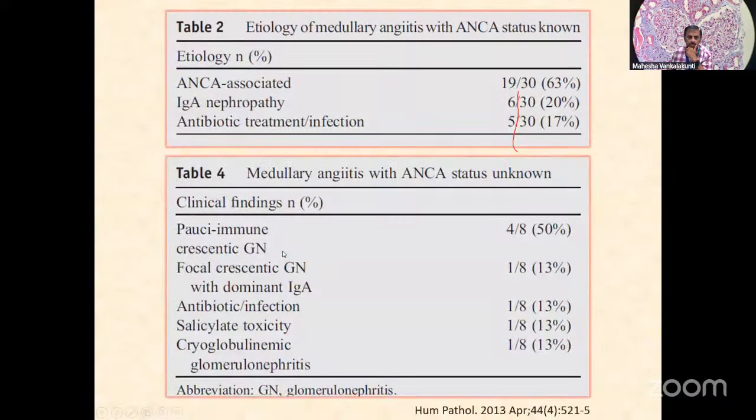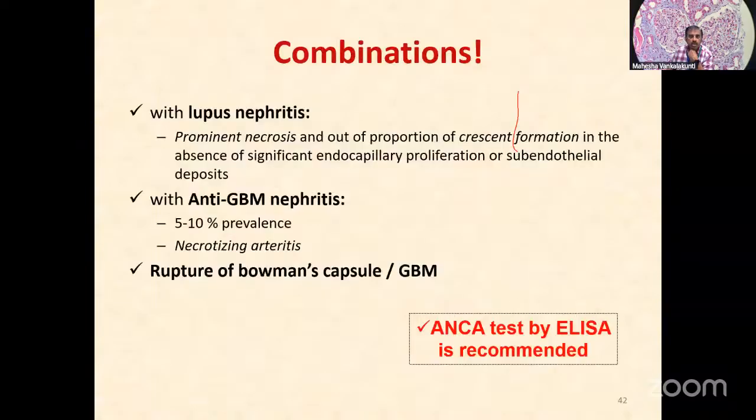This is one of the major articles from the Arkana lab, which mentions that medullary angiitis can be seen in ANCA-associated disease, in a certain fraction of IgA as well, and also secondary to antibiotic status. So a combination of ANCA-mediated disease is seen with lupus nephritis or anti-GBM.